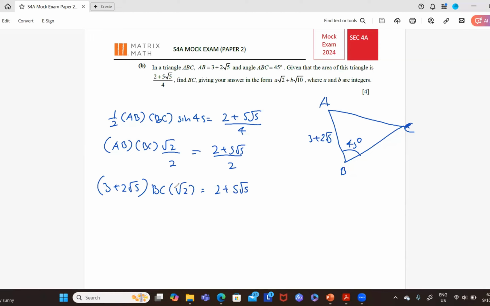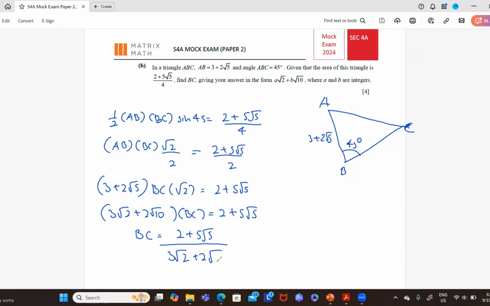Okay. Take the square root 2 and multiply into this expression here. So now you have 3 square root 2 plus 2 square root 10, bracket, BC equals 2 plus 5 square root 5. So BC equals 2 plus 5 square root 5 over 3 square root 2 plus 2 square root 10.